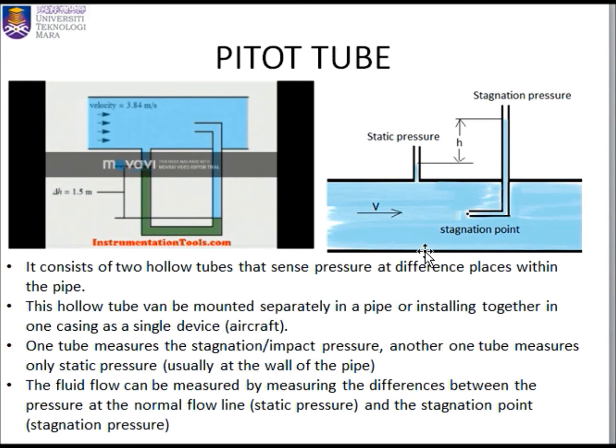One tube measures the stagnation pressure here, or we call it impact pressure, and another tube measures static pressure, which is usually installed at the wall of the pipe. The flow speed can be measured by measuring the difference between the pressure at the normal flow line, static pressure, and the stagnation point, which we call stagnation pressure.